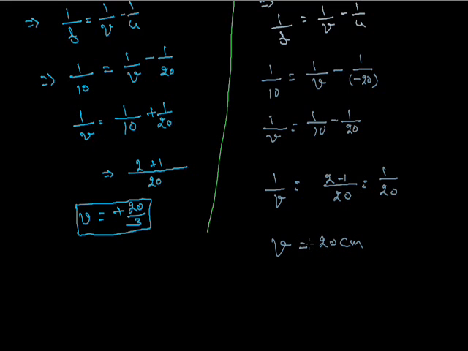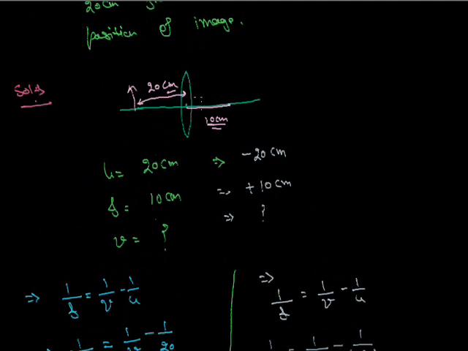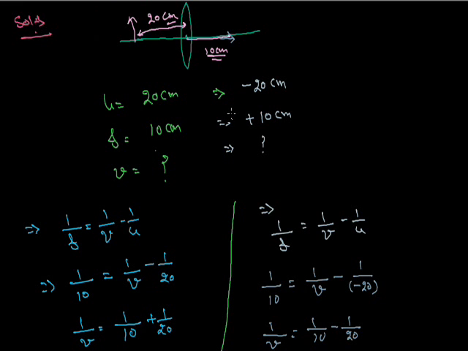centimeter. And what is the sign of this? Positive. The sign of v is positive, which means the image of the object will be formed in this direction, so the image location will be in this direction, and the position from here is 20 centimeter.